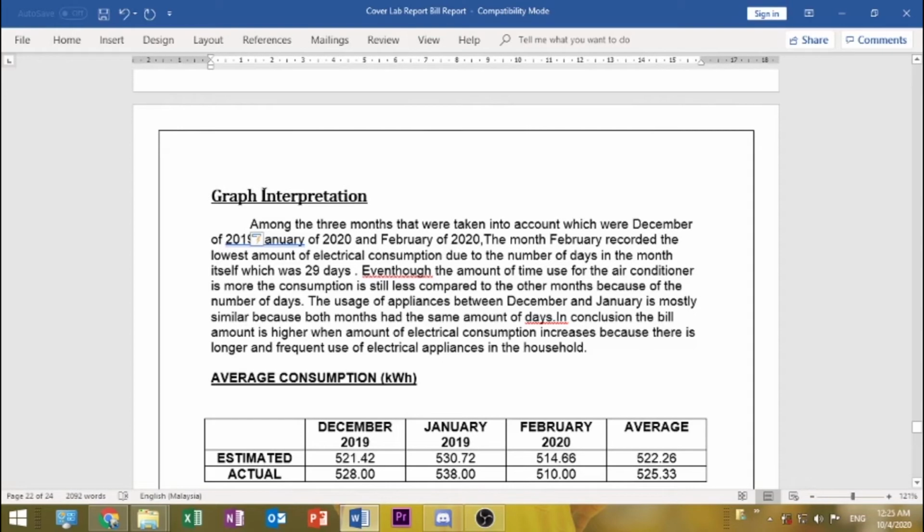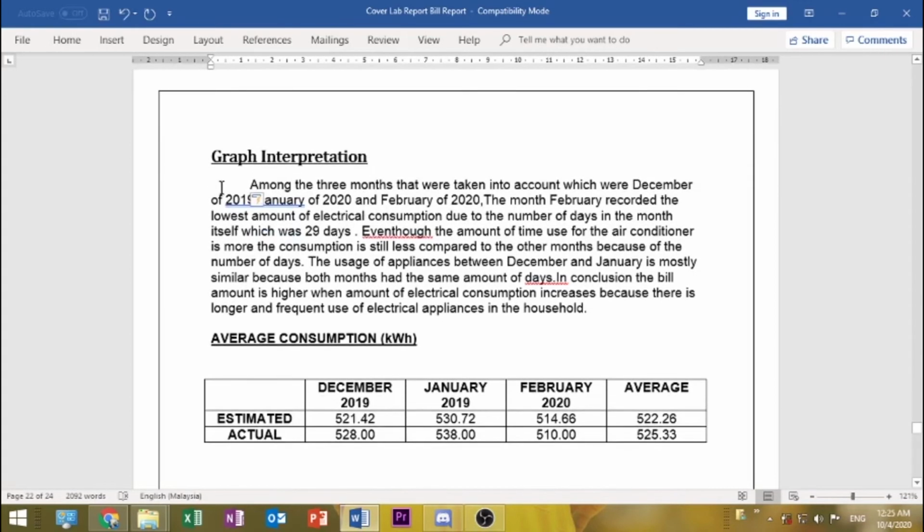So the graph interpretation, I took among the 3 months that were taken into account, December of 2019, January of 2020, and February of 2020. The month February recorded the lowest amount of electrical consumption because it had only 29 days.